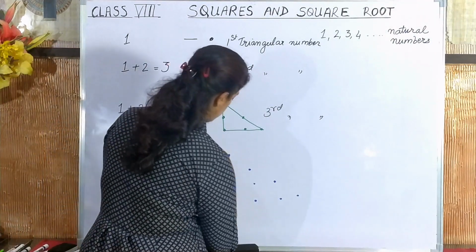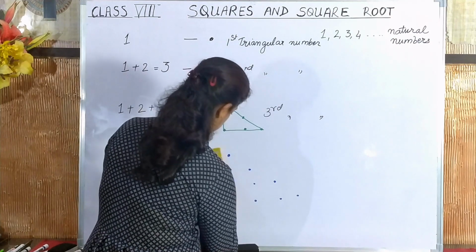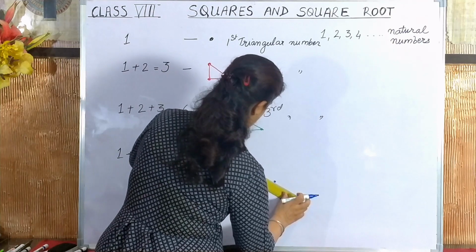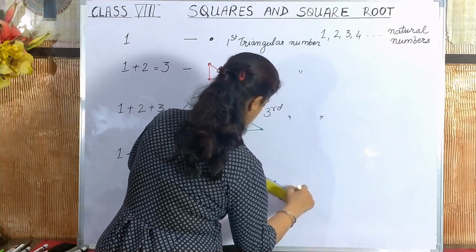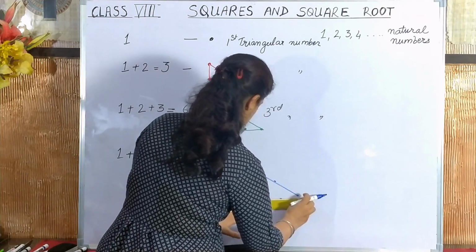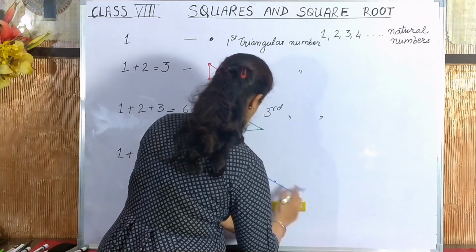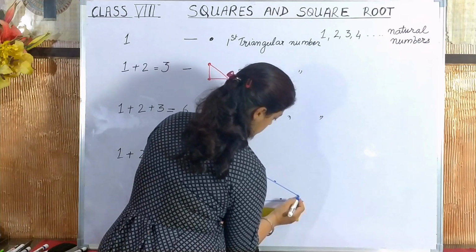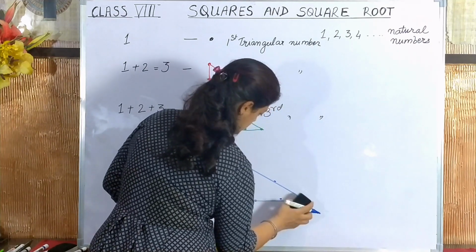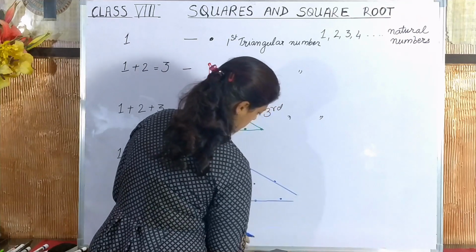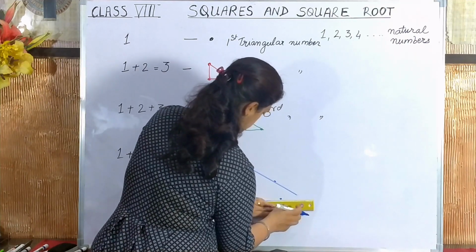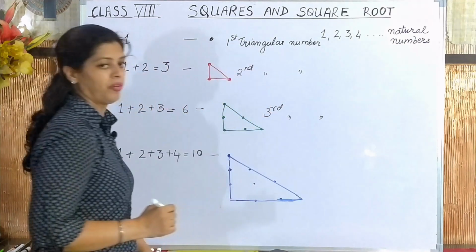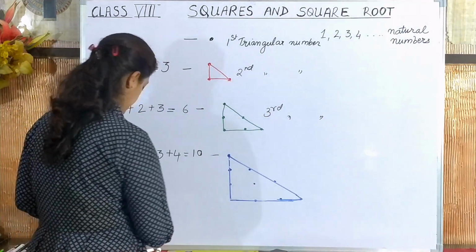So if I join these dots, I get the shape of a triangle. This is the fourth triangular number.